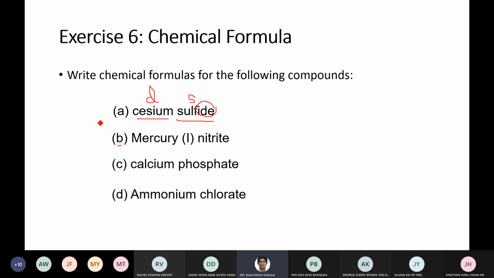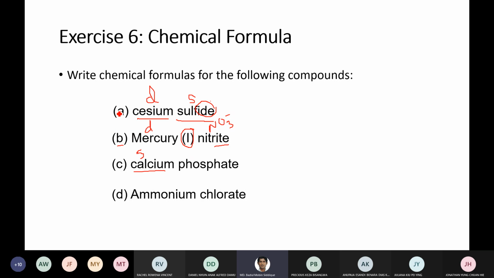Another one is mercury. After mercury, a Roman numeral is put in between, and then from nitrite, it is ITE here, and we know nitrite is coming from nitrate. Calcium, we know, is a metal, an alkaline earth metal, and S block, right?